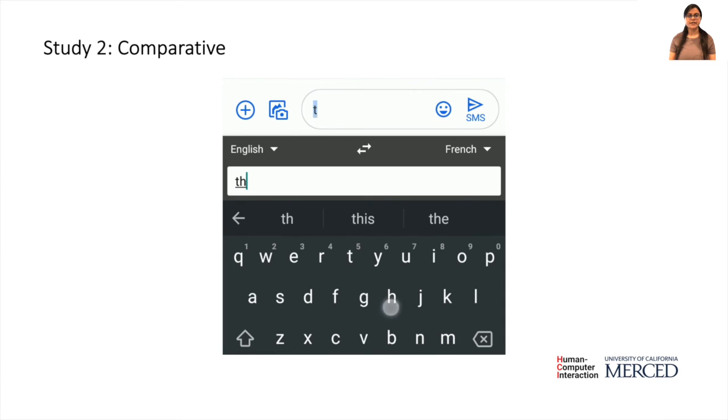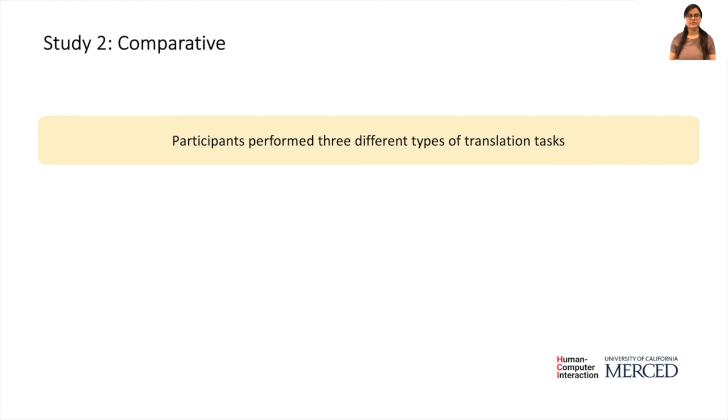The second study compared the proposed method with the default Google Android keyboard's translation feature. 12 volunteers aged between 23 and 28 years participated in the study, where they performed 3 different types of translation tasks with the proposed and the Google Keyboard's translation feature.